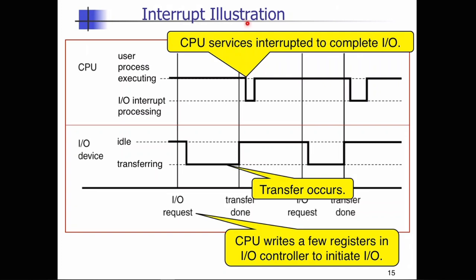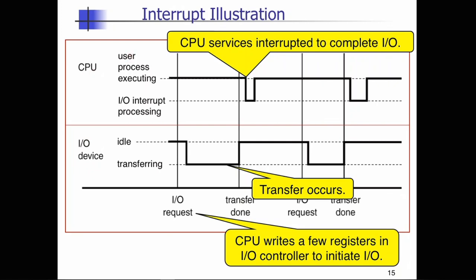So let's try to illustrate this concept of interrupt using a timing diagram. The x-axis over here is time, and there are two things that are being monitored. There is the state of the CPU at the top, and the I/O device at the bottom.